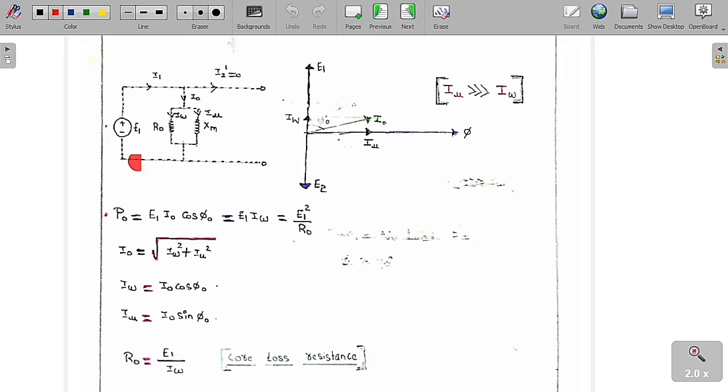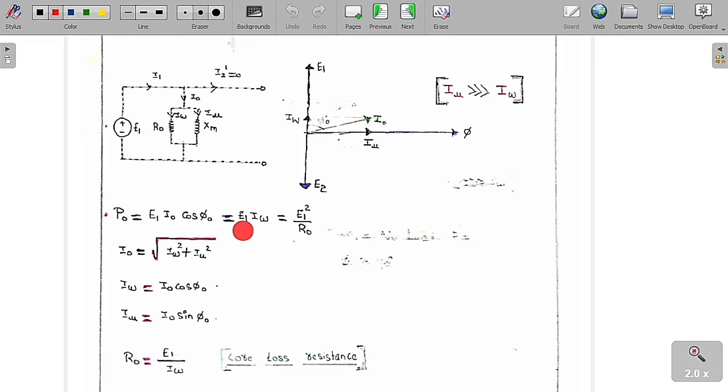So P0 is equal to voltage E1 into supply current I0 into cos phi naught. I0 cos phi naught is nothing but IW, so we can write E1 into IW, or E1 square by R0, because only the resistor R0 is going to consume the power but not XM. Therefore P0 is equal to E1 I0 cos phi naught, or E1 IW, or E1 square by R0. You can use any of these formulas. Now, what is the value of I0?